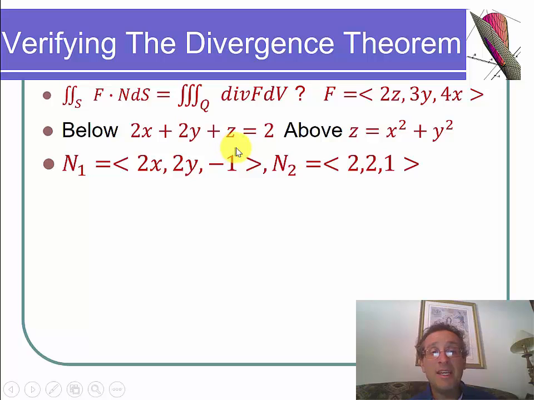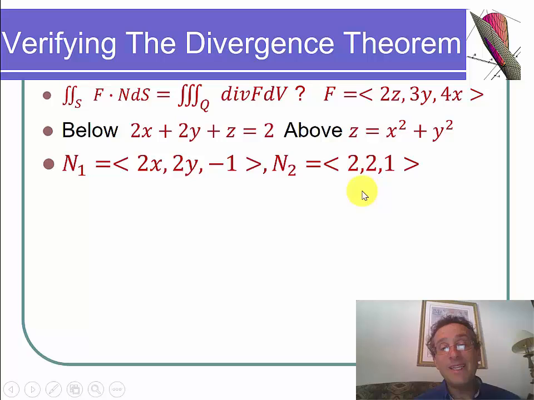The partial derivative of z with respect to x is -2, and -2 times -1 is +2. The partial derivative with respect to y of 2 minus 2x minus 2y is also -2, and -2 times -1 is 2. So that tells us the second normal vector corresponding to the planar part is 2, 2, 1.